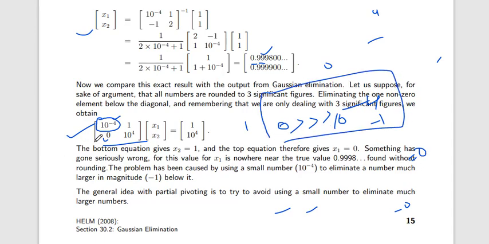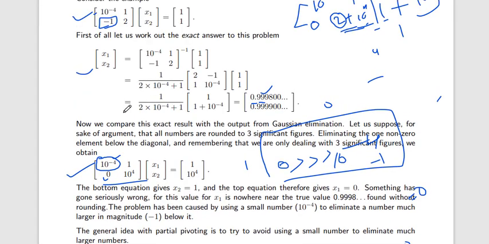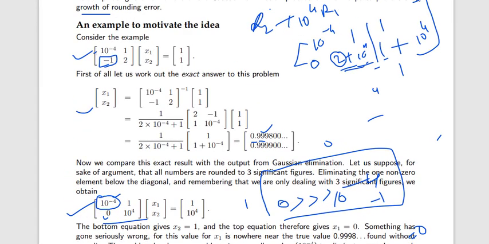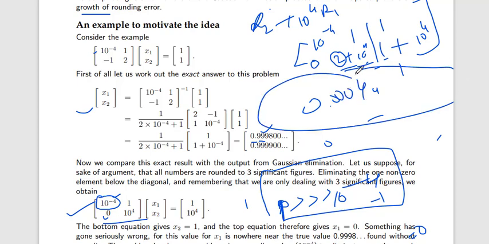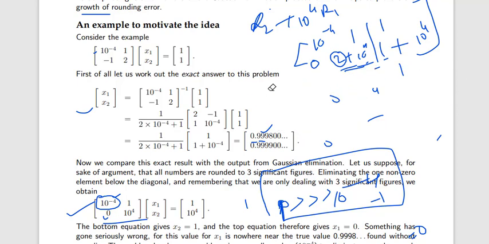Why? Because the original equation is here, 10 raised to minus 4 and minus 1. 1 is greater than 10 raised to minus 4. 10 raised to minus 4 means 0.0004. So 1 is much larger than this value.